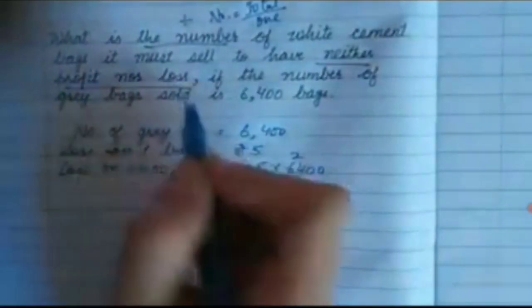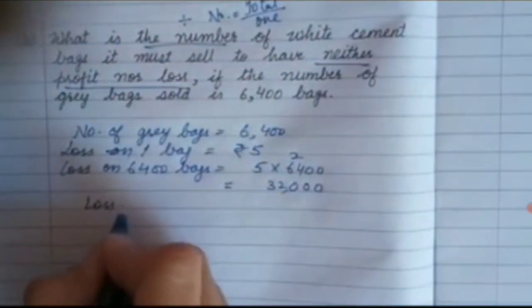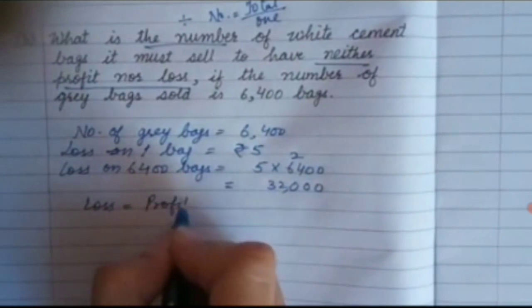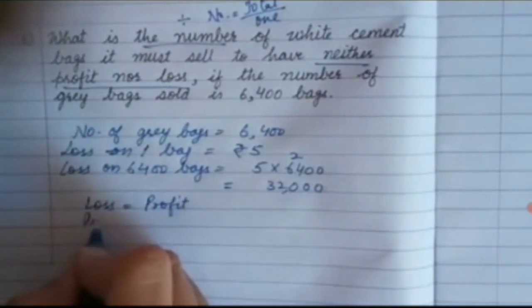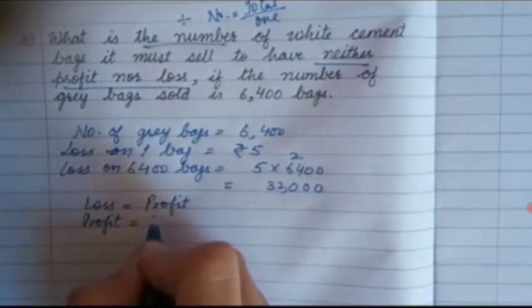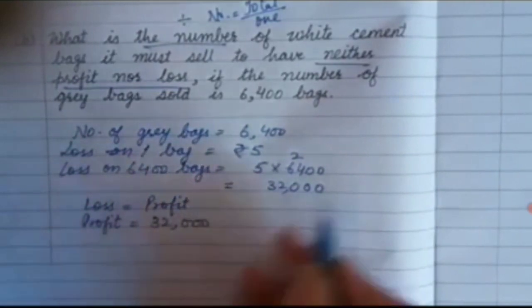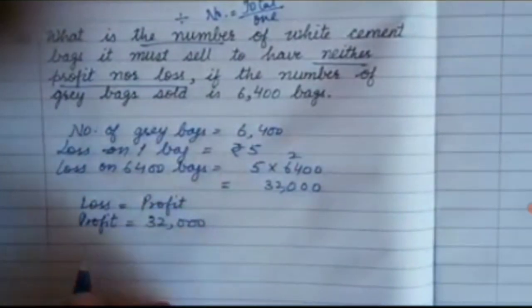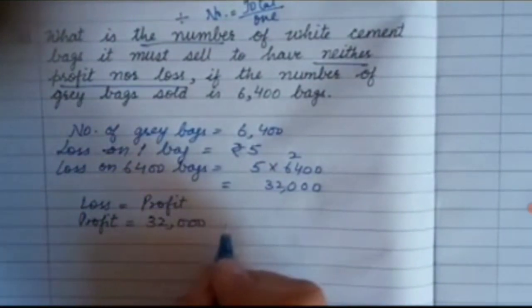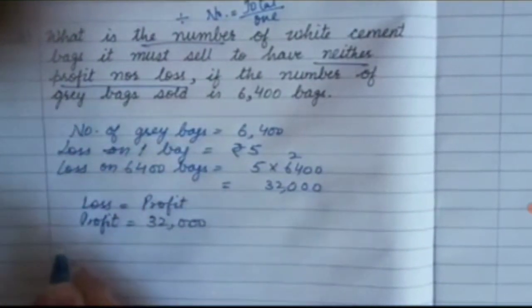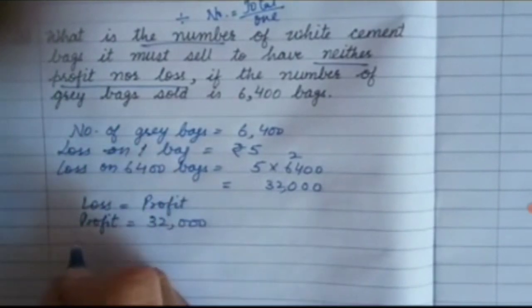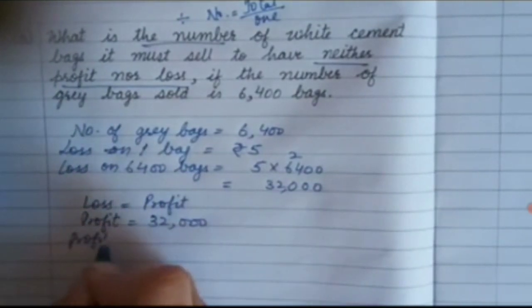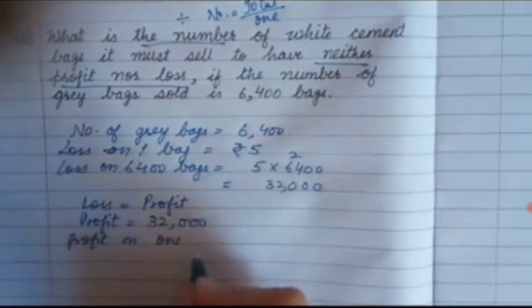Now come to the relation between loss and profit. The profit must be 32,000, and the profit on one bag is rupees 8, so we have to divide.